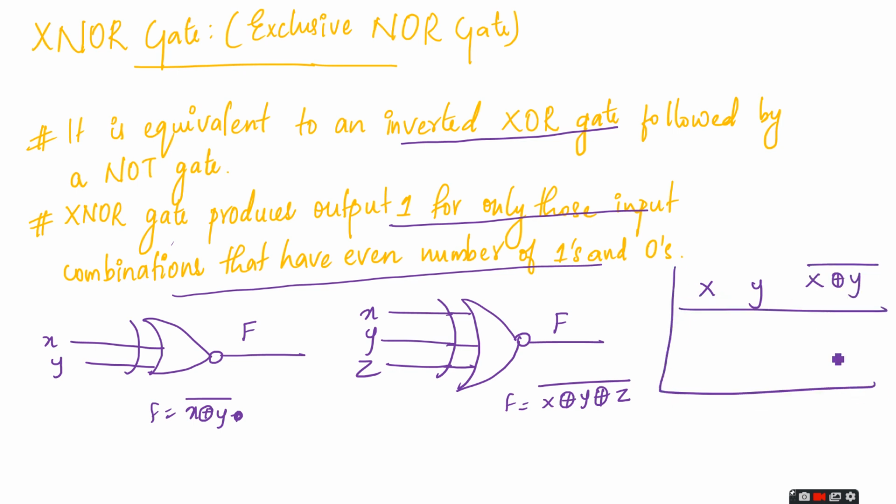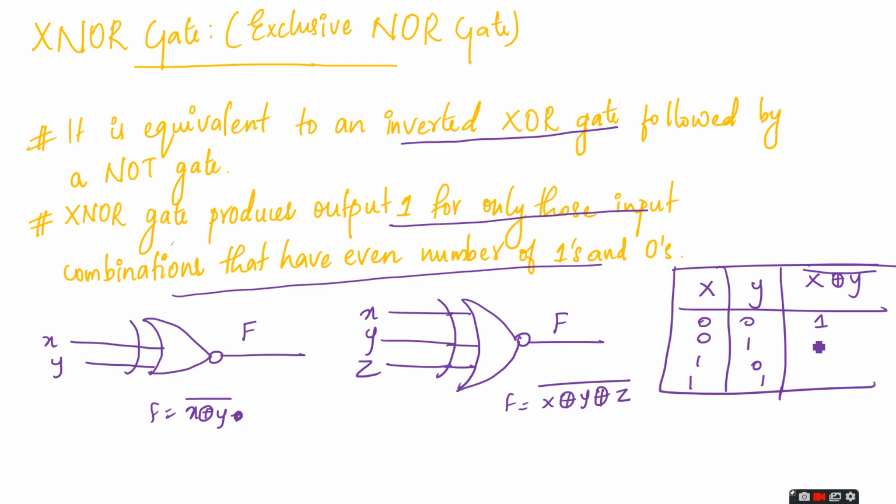Now see here, two variables means the combinations will be 4: 0 0, 0 1, 1 0, 1 1. So here the exclusive NOR gate produces output 1 for only those input combinations that have an even number of ones and zeros. Now see here, it has an even number of 0s, so the output will be 1.